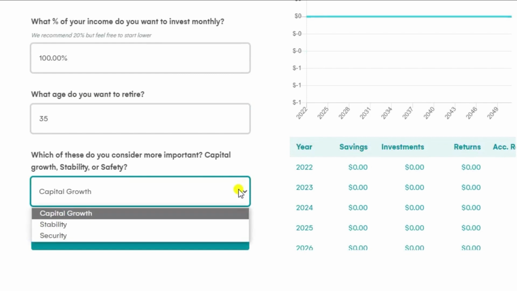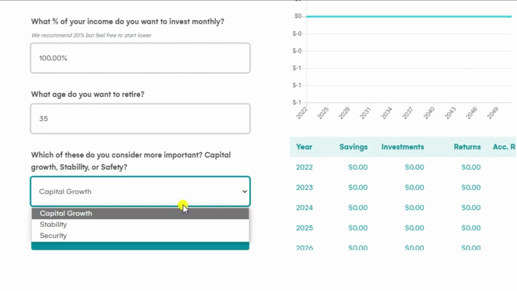Breaking down your portfolio depends on what you want. Do you want capital growth? Capital growth is for aggressive investors. What they mean by capital growth is they are going to invest your money on high risk investments that have the capability of giving you back a high return.